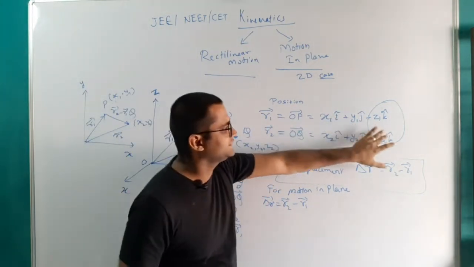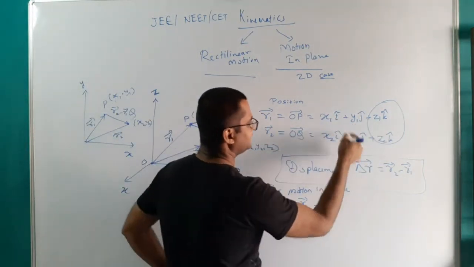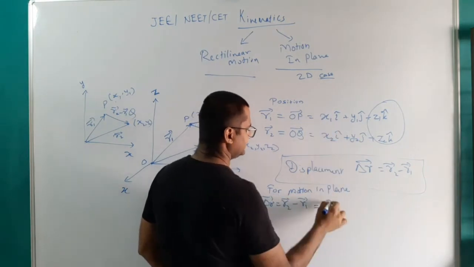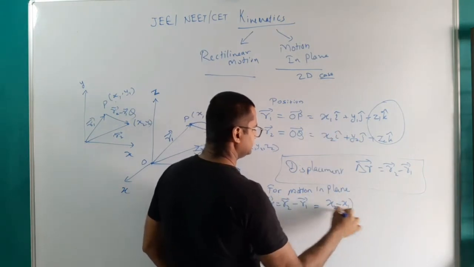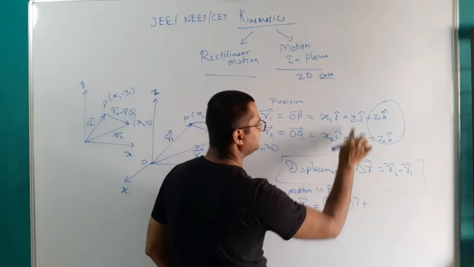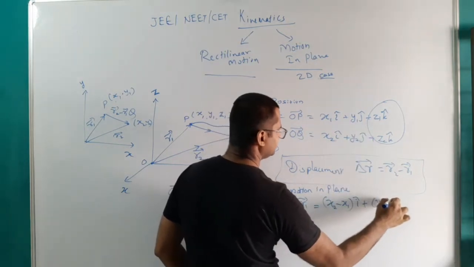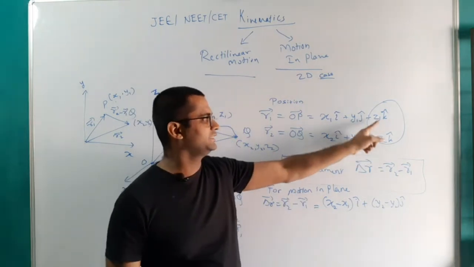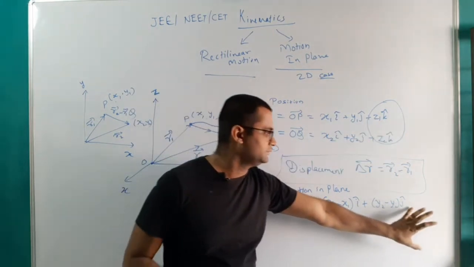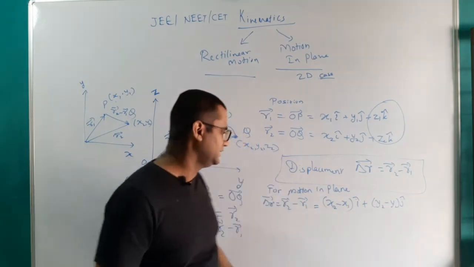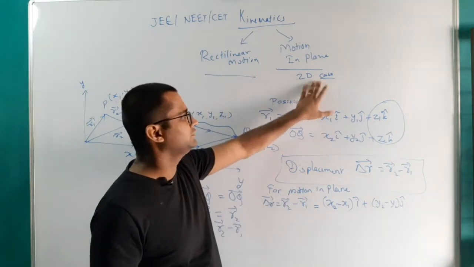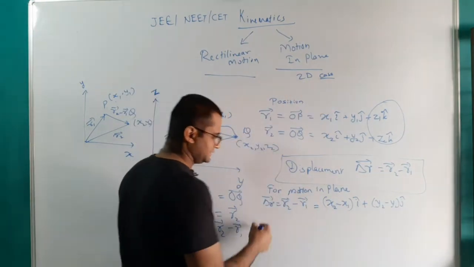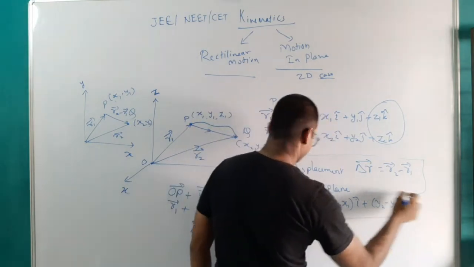They don't contain z1 and z2, and if I subtract them, this will be x2 minus x1 i cap plus y2 minus y1 j cap. If it is the 3D case, then a z2 minus z1 k cap term is also present in this equation. But since we will restrict our study to the 2D case as far as our syllabus is concerned, this will be the equation for displacement.